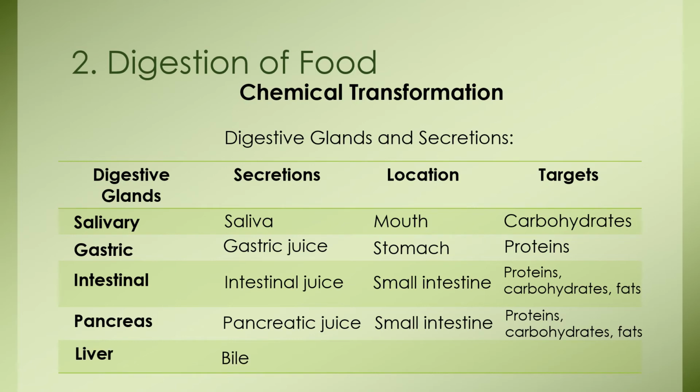And finally, the liver secretes the bile in the small intestine and breaks down basically fats. Okay, so all these glands work together, and the pancreas and liver secrete into the small intestine. So no food goes inside the pancreas or the liver. They just secrete the pancreatic juice and the bile into the small intestine.